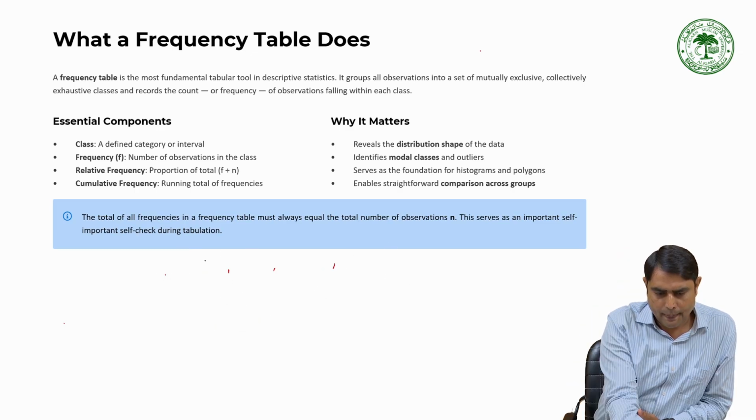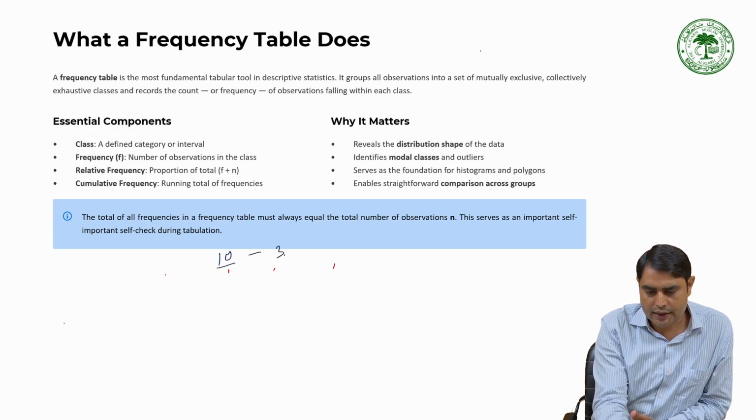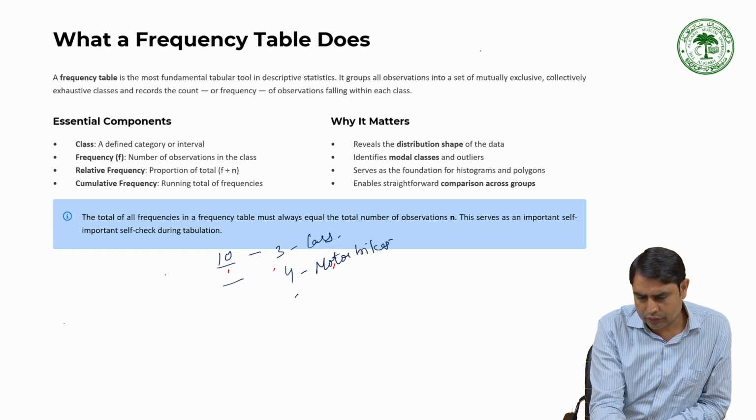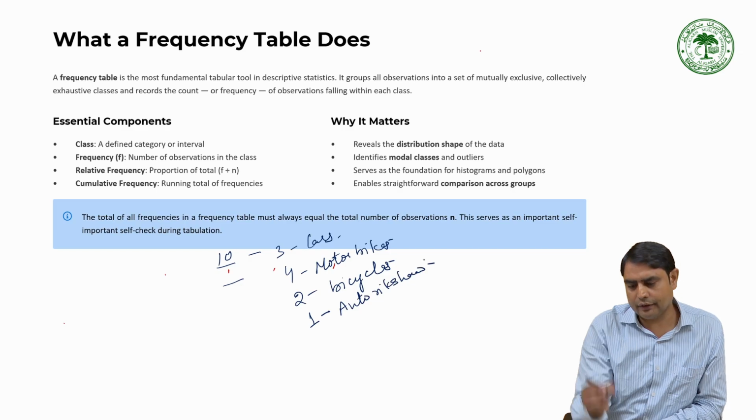Suppose I have 10 vehicles at my home. I have 3 cars, 4 motorbikes, 2 bicycles for my kids, and 1 auto, right?